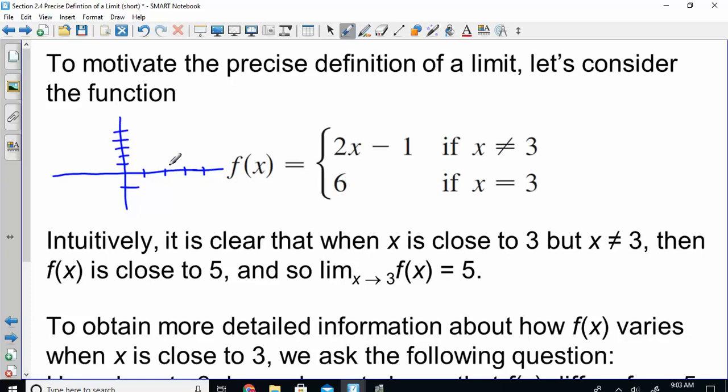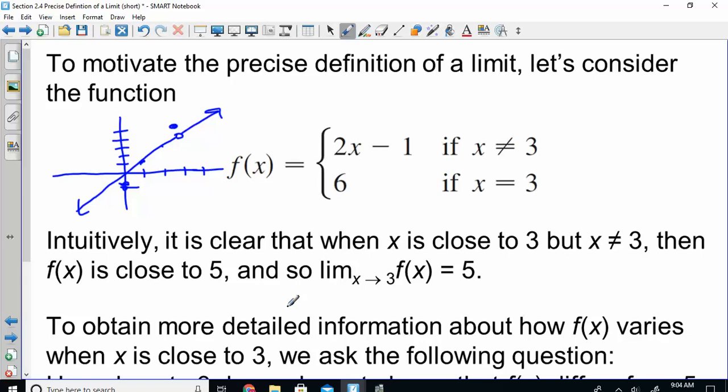Basically, if you drew your line, my graph is really skewed here. It's going to look like that, and it has just an open circle on it at that one point, and then it's just a closed circle also. So it's just a line with a hole in the middle.